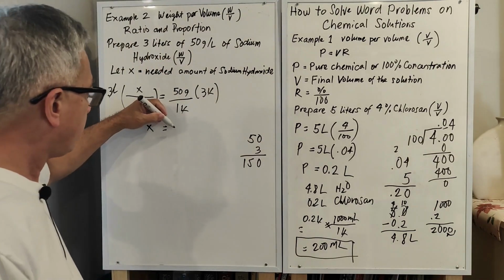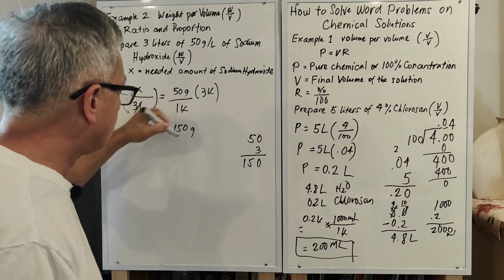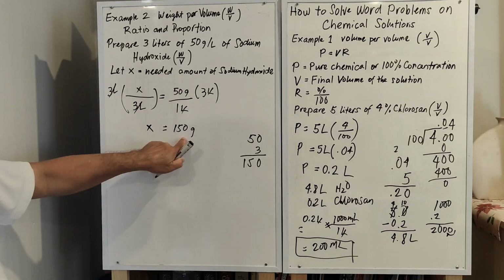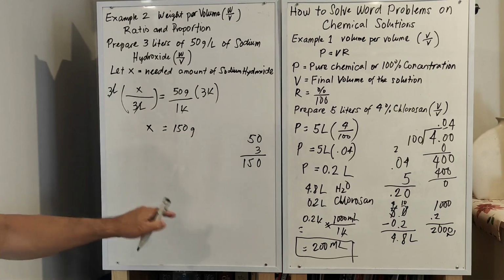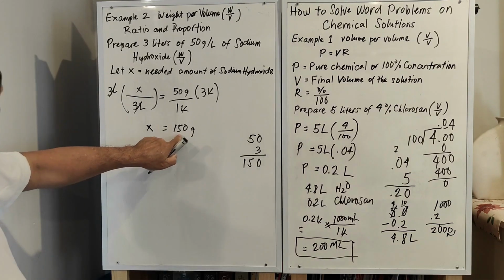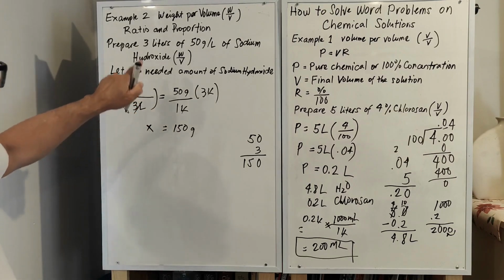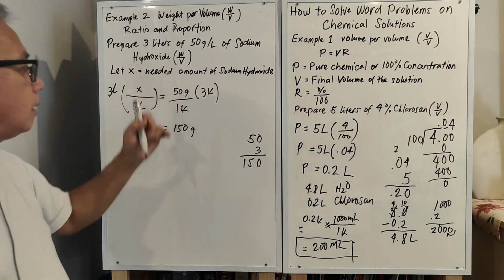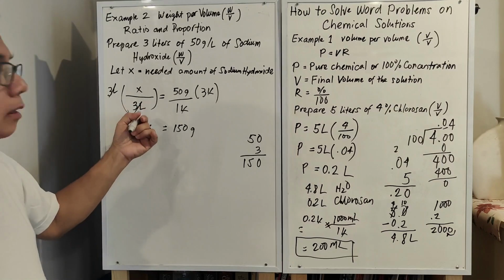So we need 150 grams of sodium hydroxide to make the solution, but we cannot add 150 grams into 3 liters because it will become more than 3 liters.